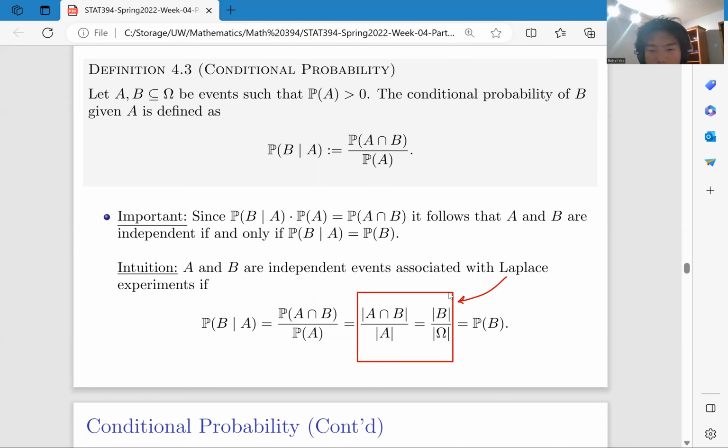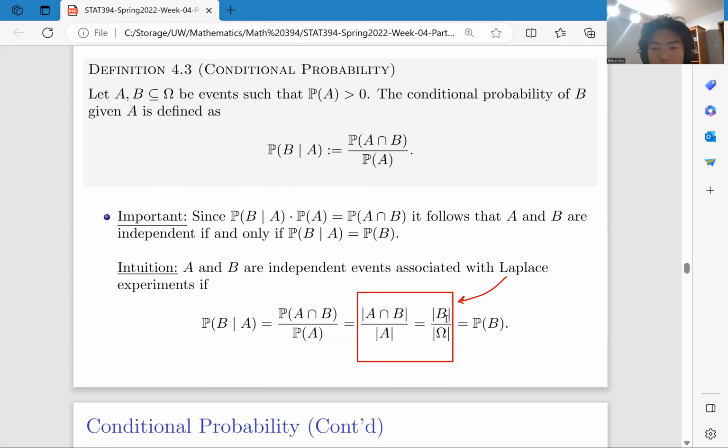So one question that might arise is why, if they're independent, this can be true. This can be true because independence tells us that the probability of A intersection B can be written as the probability of B times the probability of A. So this becomes the cardinality of B times the cardinality of A, and A is divided out and only B remains.